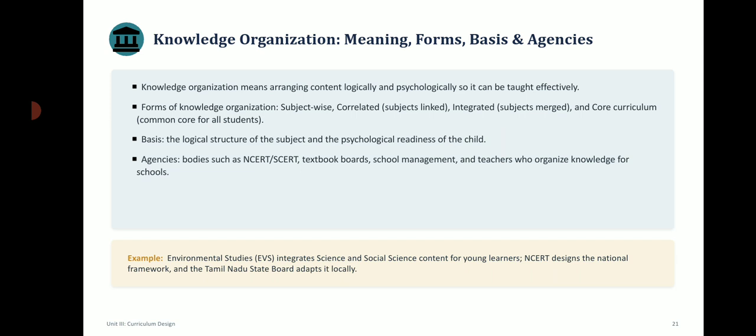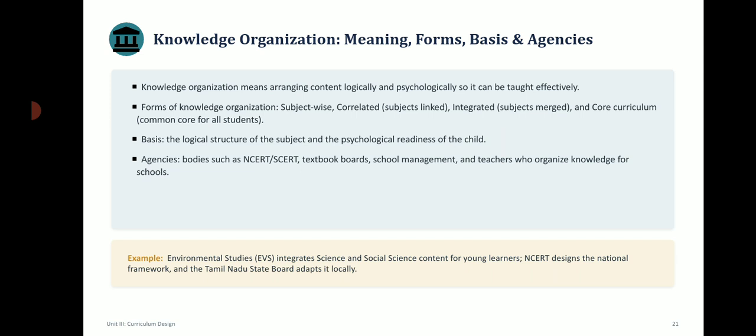So now we do have the forms, basis and the agencies for that. Forms of knowledge organization is nothing but subject-wise, correlated, that is subjects related, integrated, core curriculum, everything that comes into this form. Now basis: the logical structure of the subject and the psychological readiness of the child.